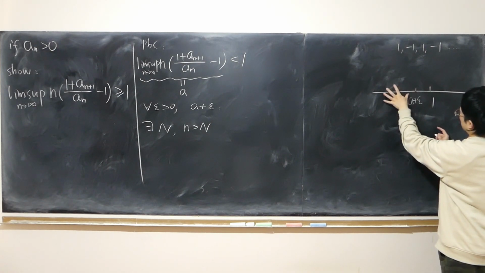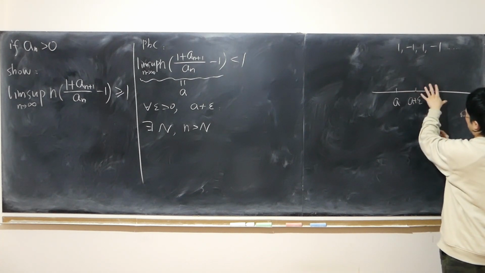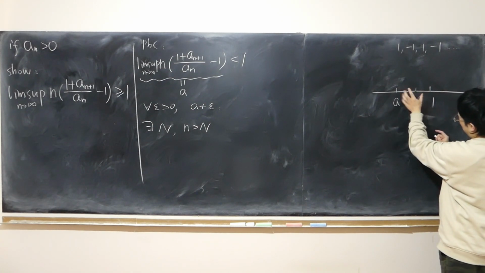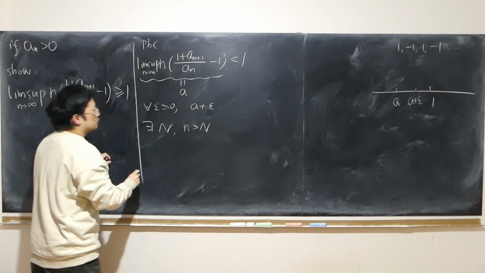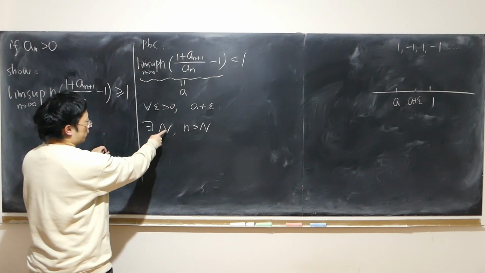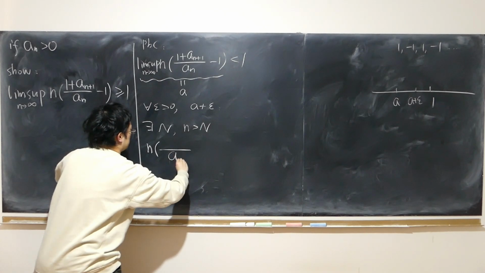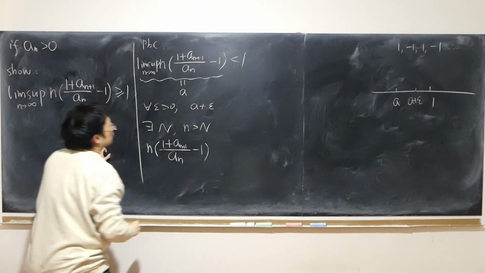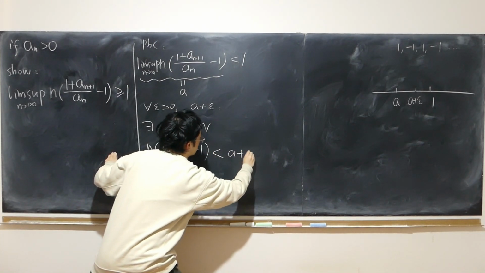All of them will live in here instead of there. So I only have finitely many of them. As n is big enough, they will all live in here. So from this point onwards, n times (1 + a_{n+1})/a_n − 1 is going to be less than a plus epsilon.